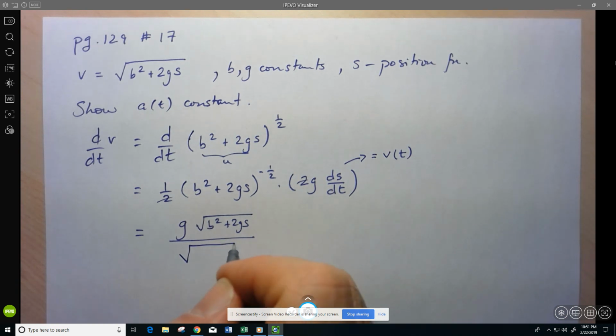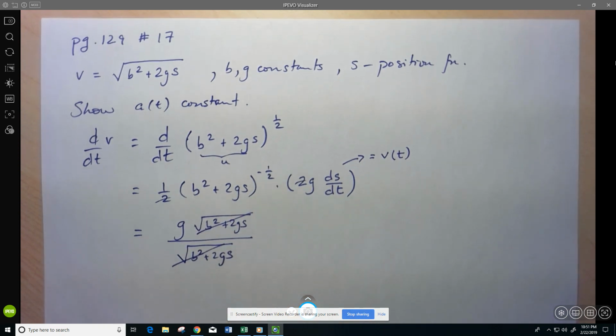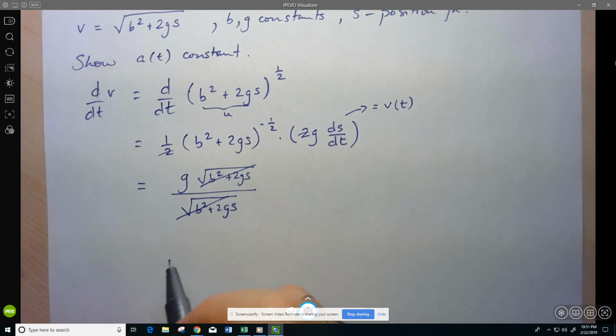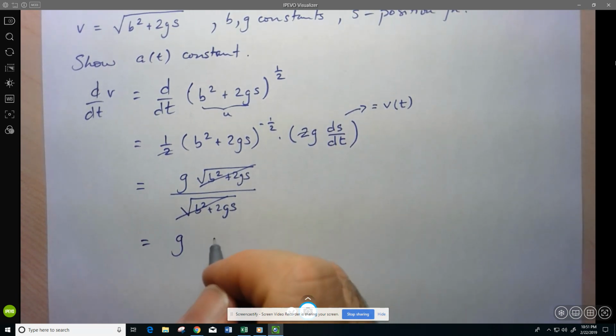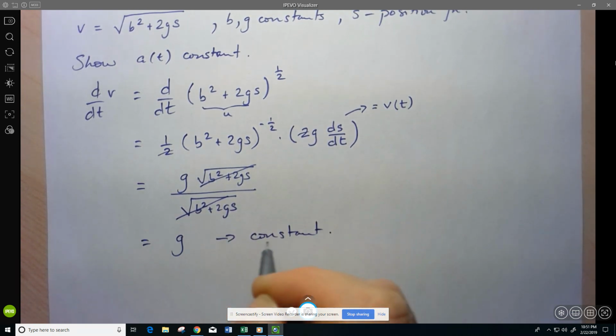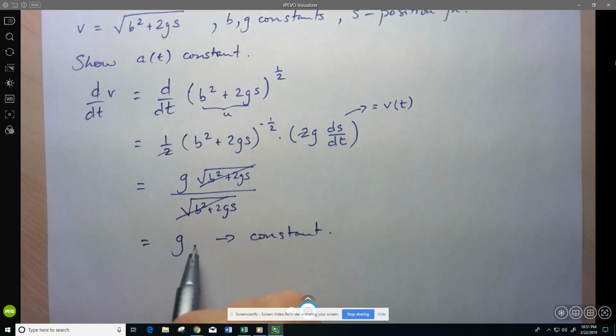So that's just going to be the square root of b squared plus 2gs. And hey, look what happens. The two expressions that contain the variable just reduce. And what am I left with? I'm just left with g, which of course is a constant. Okay, so what have we just shown? We've just shown that the acceleration, which is the derivative of the velocity, is a constant.